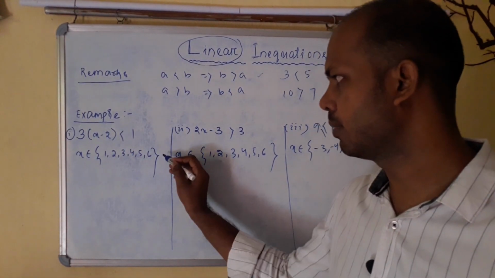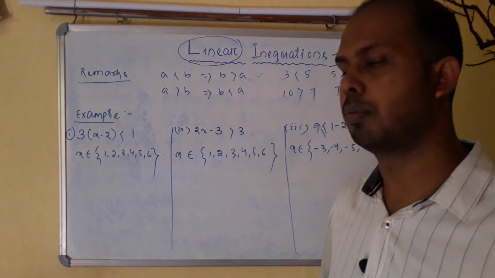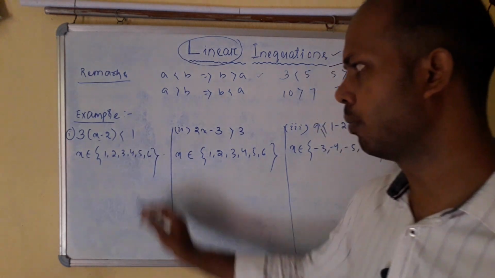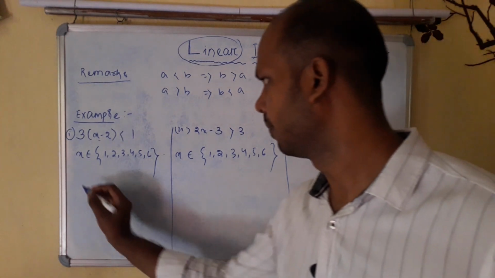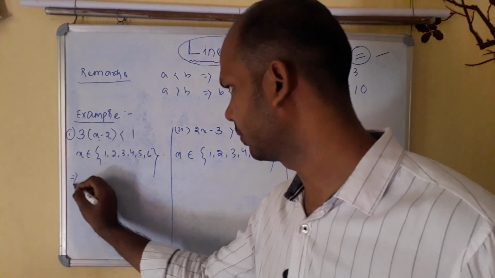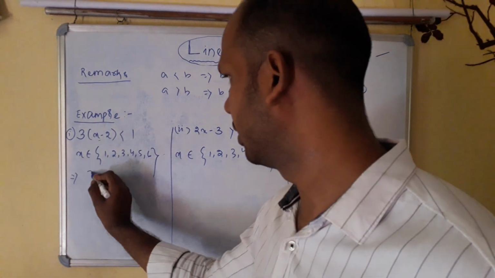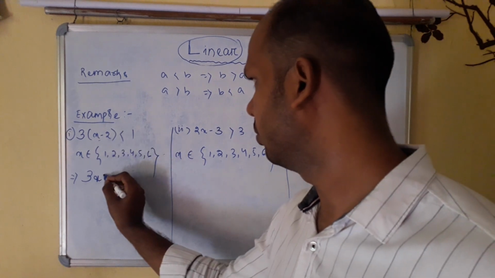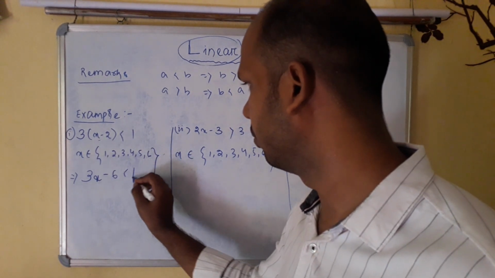Now the first example is 3 into (x minus 2) less than 1. Here the replacement set is 1, 2, 3, 4, 5, 6, and we have to find the value of x from this replacement set. Let's solve this example. 3 into x is 3x, and 3 into minus 2 is minus 6, less than 1.